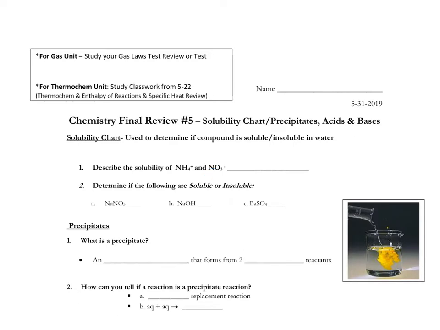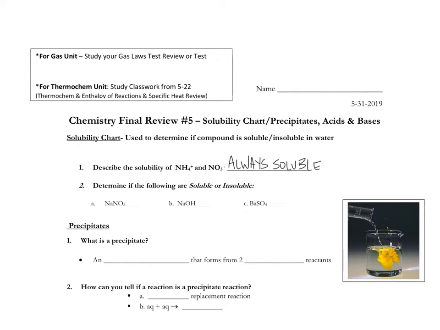NO3 is right below NH4 on the soluble list, and it also has no exceptions. So ammonium and nitrate ions are both soluble in water. They are always soluble because they don't have any exceptions, which means they will always dissolve in water.